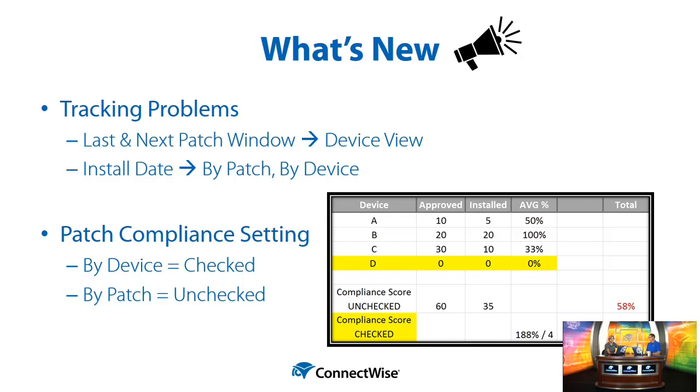So don't worry, if you make the check because you want to include devices that have no patch inventory, because that's important to you to understand a true reading, you're able to see the updated compliance scoring within the patch compliance report. So we are making that change once you change that.